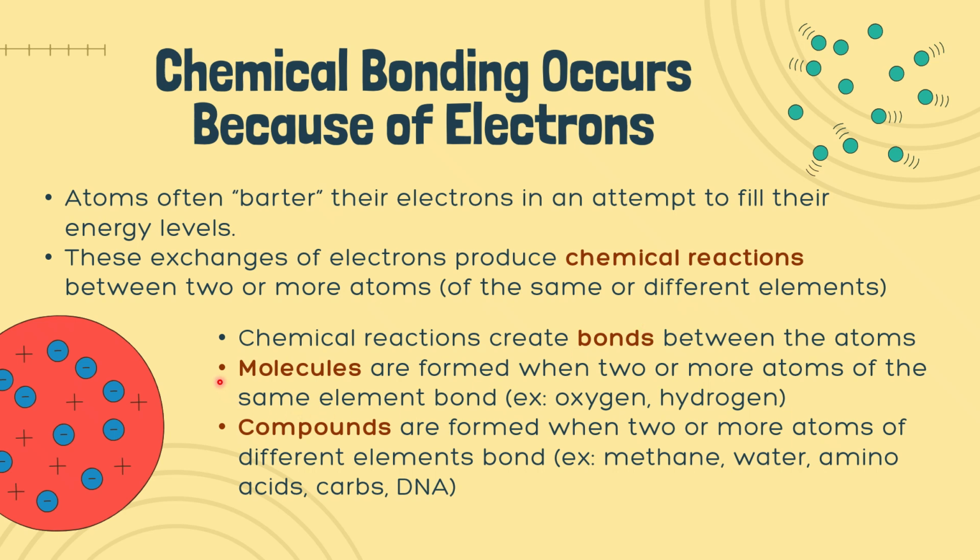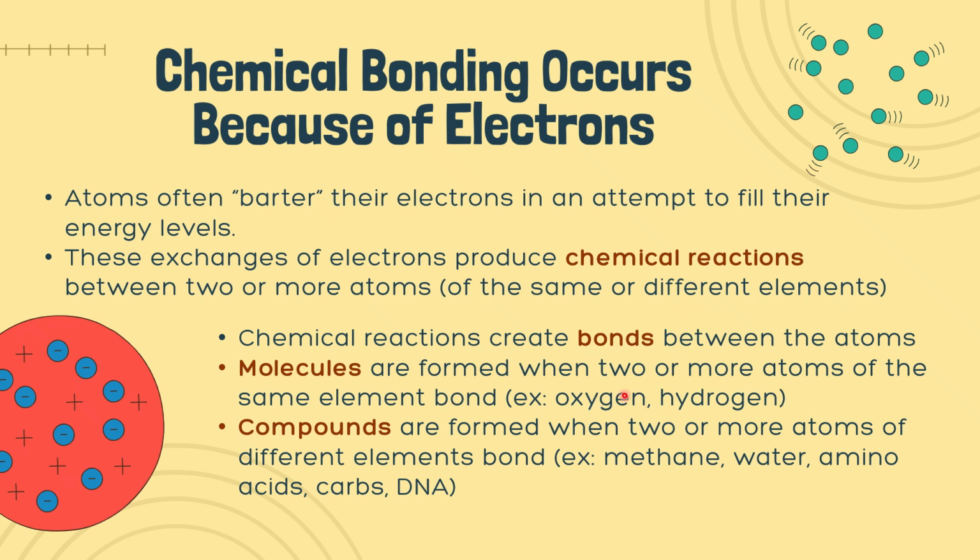Now, I'm going to use these terms, and for the purposes of our class, I use these terms interchangeably. I honestly don't really think about the difference when I'm talking about them, but just know molecules and compounds are technically two different things. A molecule is formed when two or more atoms of the same element are bonded together.